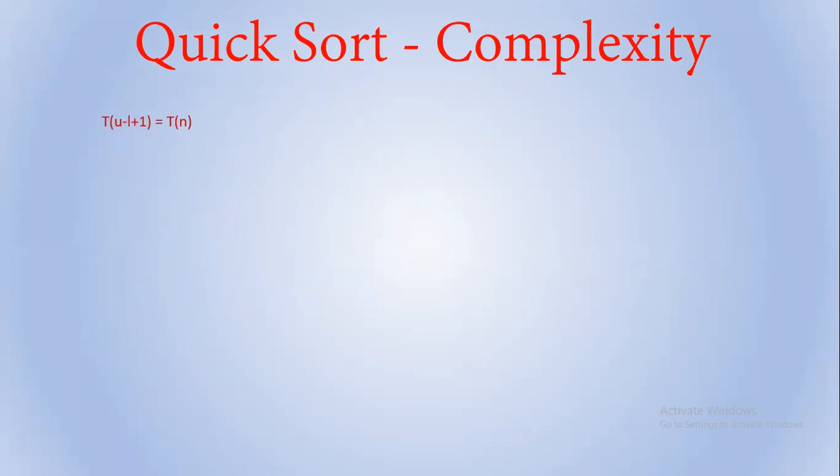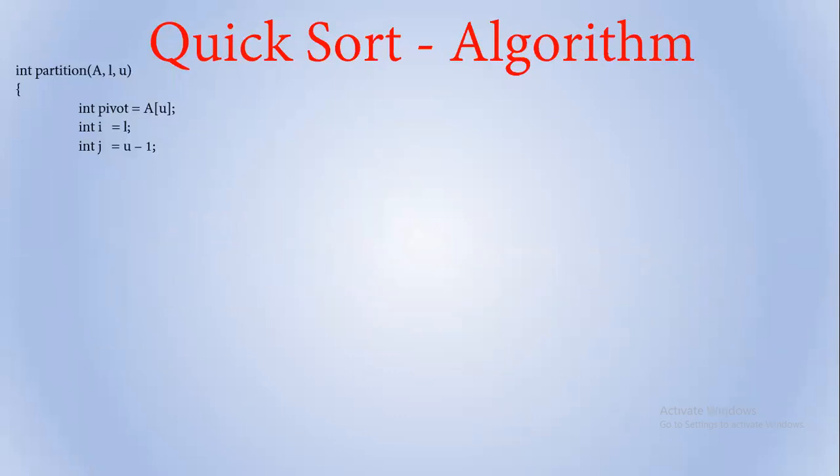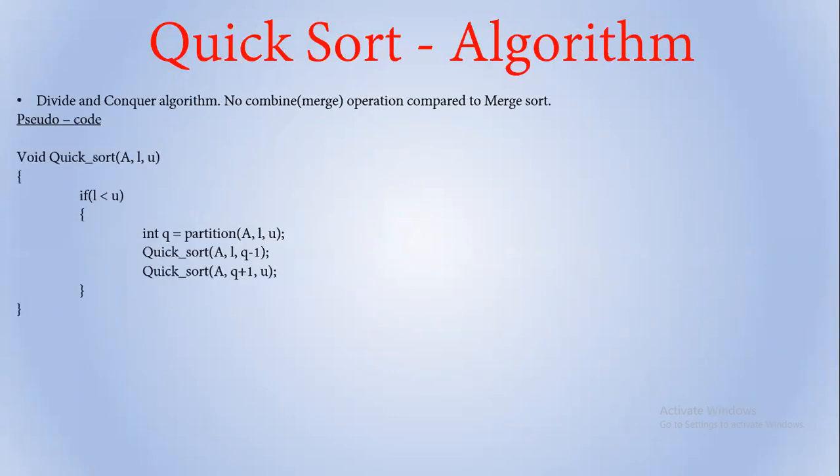So we can write a piecewise function just like we wrote for merge sort. If you have a look at the initial algorithm, if L is equal to U, or in other words, the size of this array is 1, then none of this will take place, only this will be checked. So there is only one instruction which takes place.